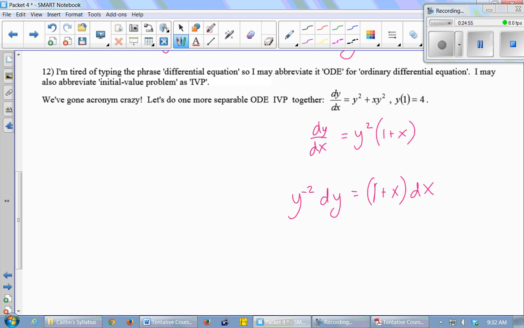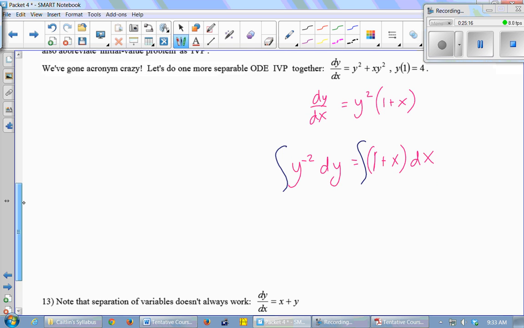And why did I write that as y to the negative 2 instead of, say, 1 over y squared? Because I'm going to use the power rule. So I thought it would be easier for you to recognize how to take this antiderivative if I wrote it that way. All right, so now I'm going to take the integral of both sides. The antiderivative of y to the negative 2 would be negative 1 over y.